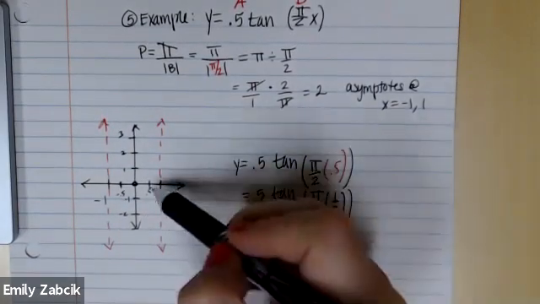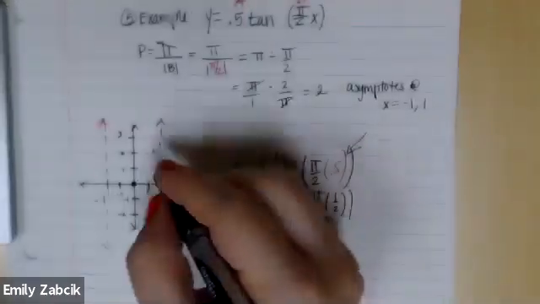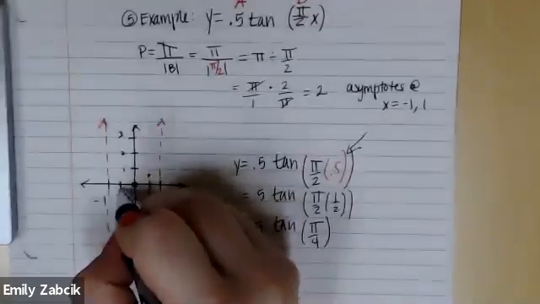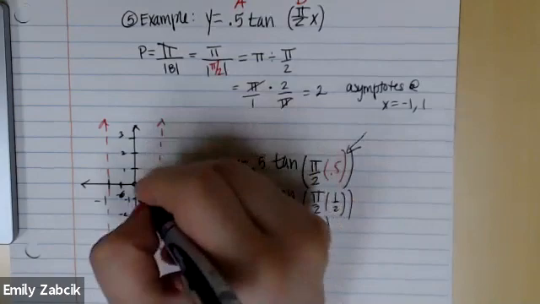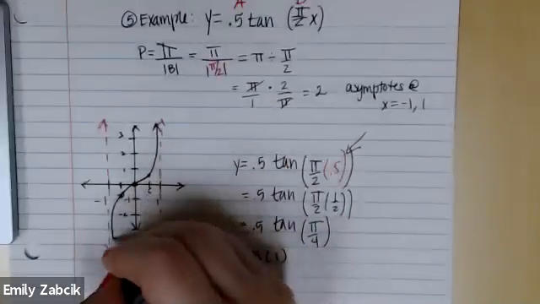So I know that at 0.5, this value I plugged in, it's going to output 0.5. So I get this value. And then I can see that it's also going to be at negative here.